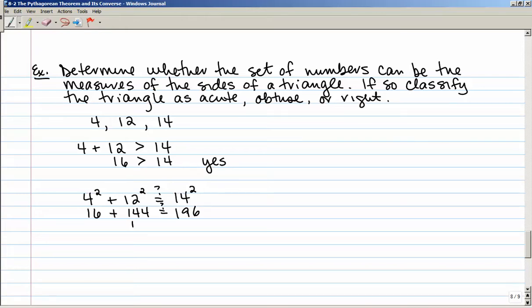This adds up to 160, and 160 is actually less than 196. So since the longest side squared is greater than the sum of the other two sides squared, this is going to be an obtuse triangle.